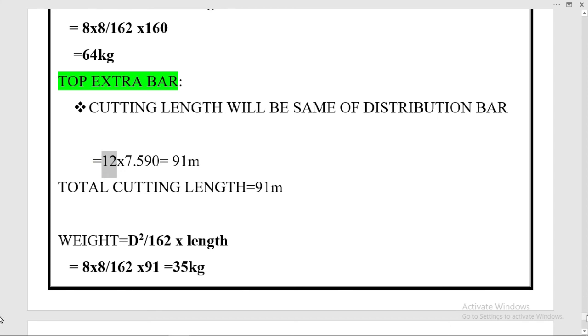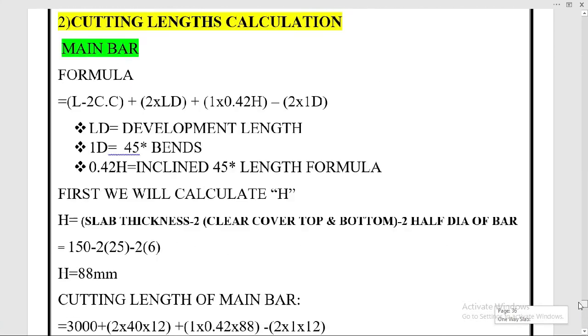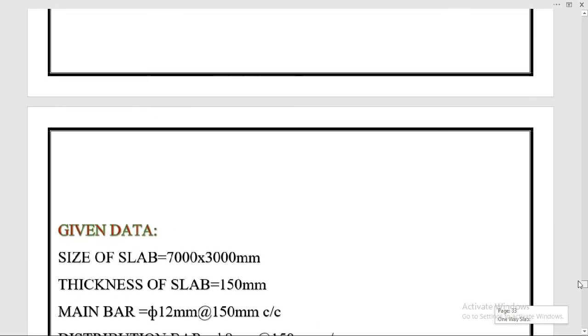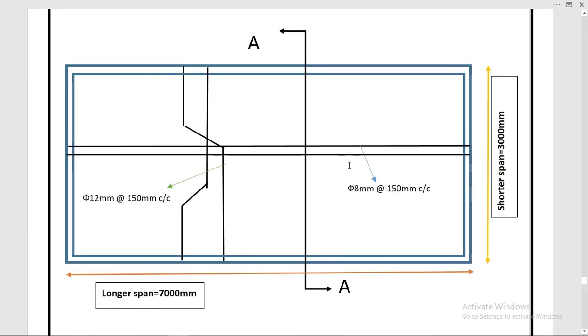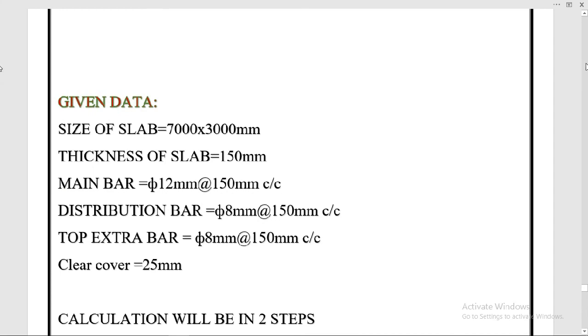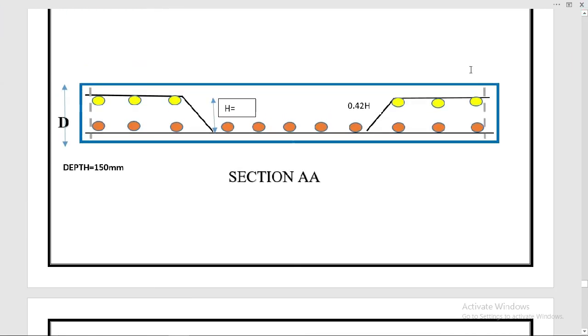So here I want to show you how the distribution bar and the top extra bar cutting length is the same. Here you can see the distribution bar is provided straight, and the top extra bar is provided at the top, but it's not showing in the plan view. Here I want to show it in the section view. You can see these are the top extra bars. These are the distribution bars provided at the bottom.